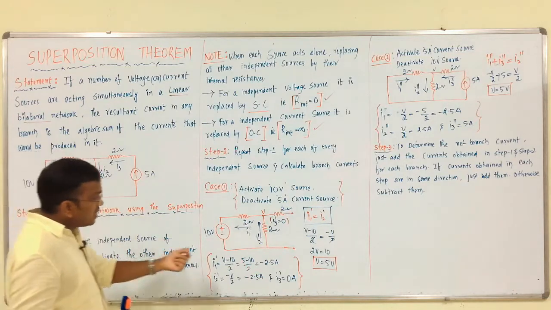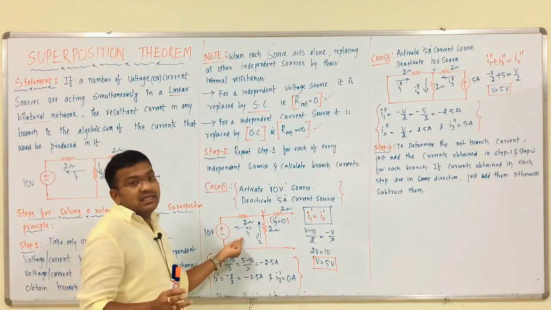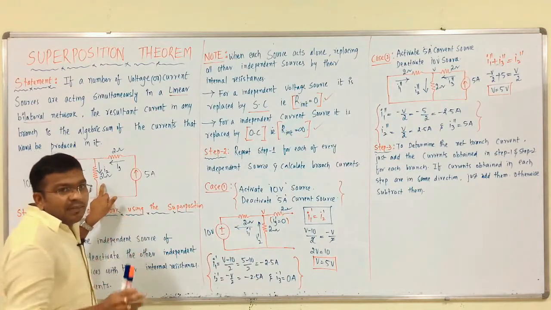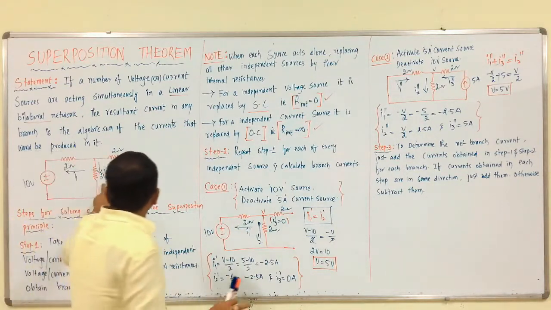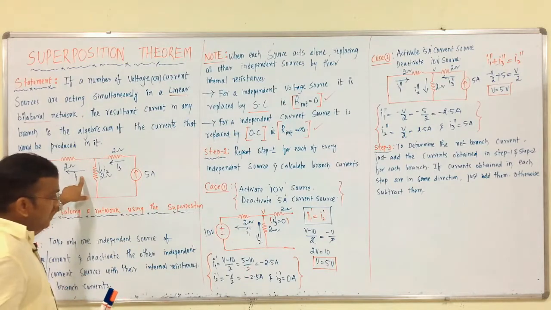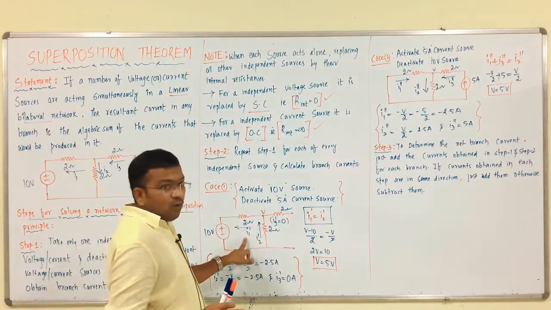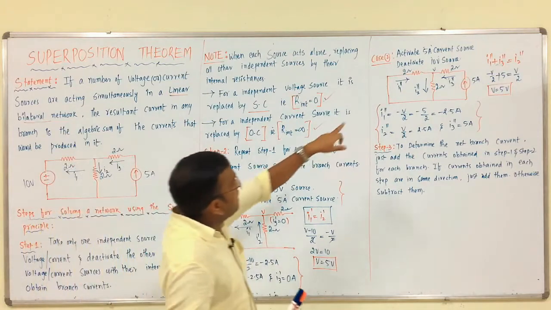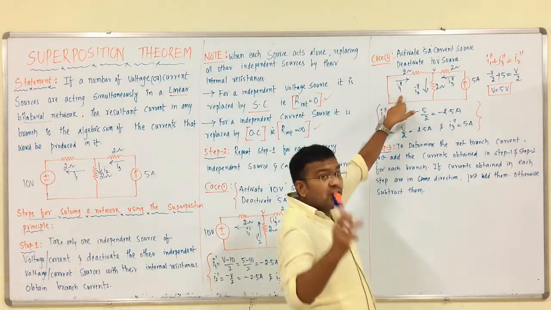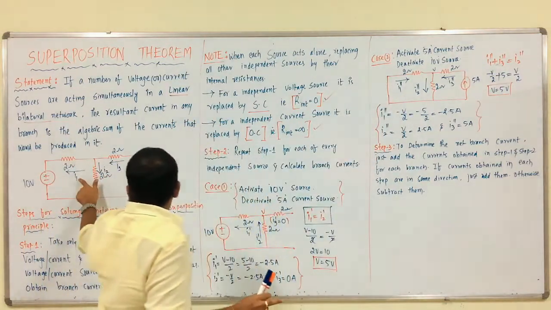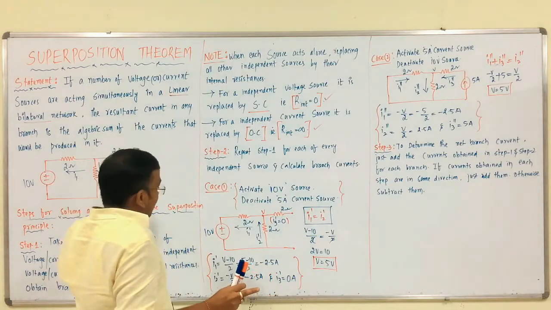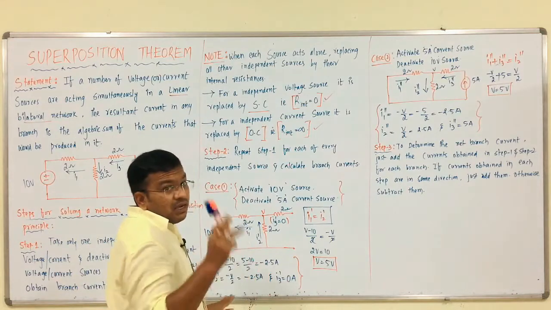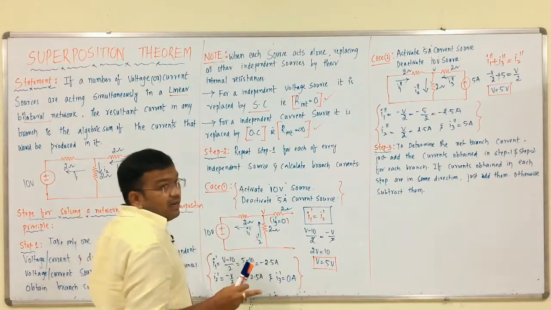If the current direction of the corresponding branch current is opposite to that of the main current, just subtract them. See, here the main current direction is what? Anti-clockwise. Here, assume the current direction is nothing but what? I1 dash, same as that of I1. Coming to I1 double dash, it is opposite to that of I1, right? So, I1 dash current directions are same, but coming to I1 double dash, that is opposite to that of I1.